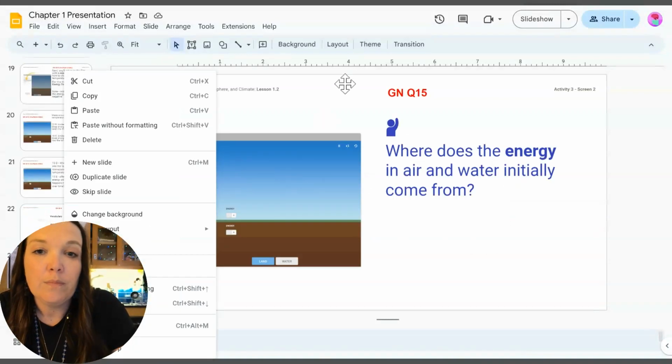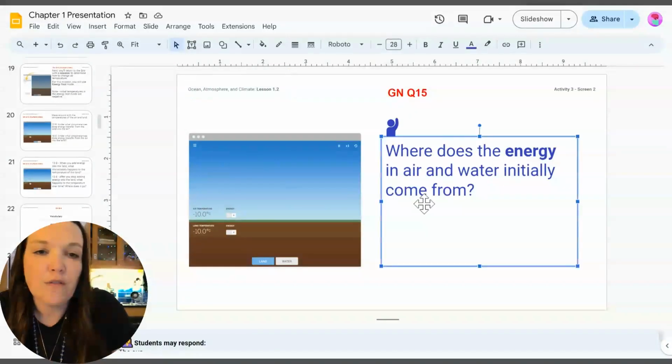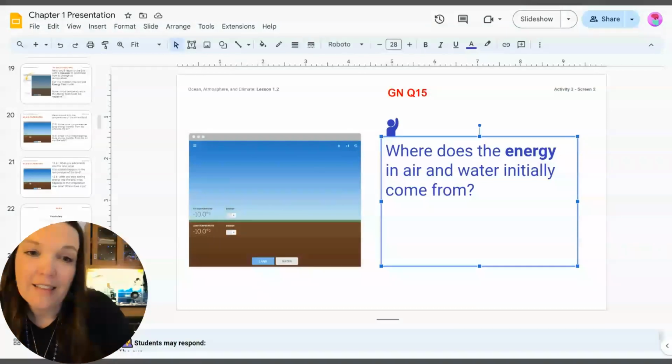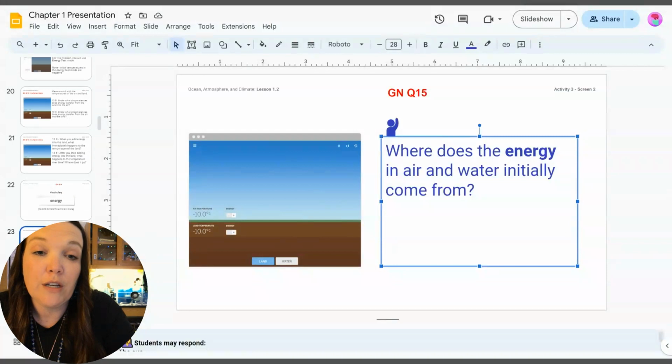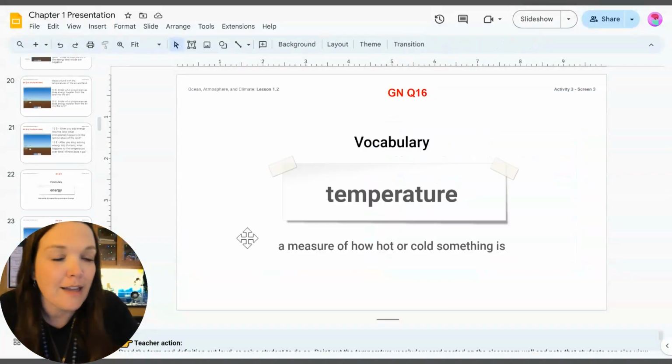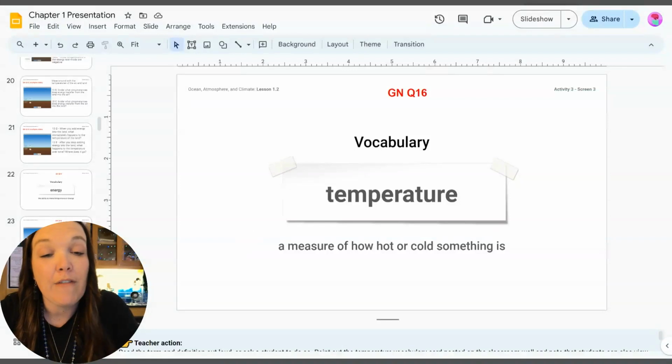So guided notes question 15, where does the energy in the air and water come from? We know that it's coming from the sun. The sun is what is transferring energy to the air and water. Then this is the one I was discussing poorly on the last one. This one we have had several times in different units.